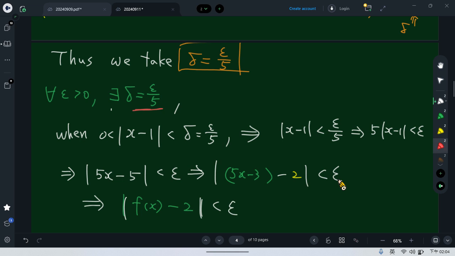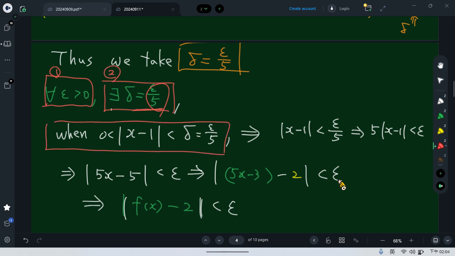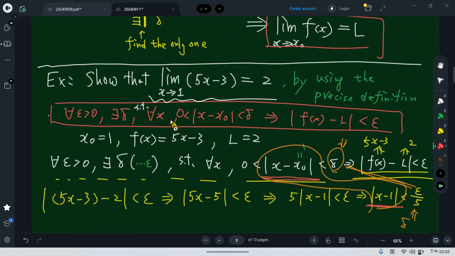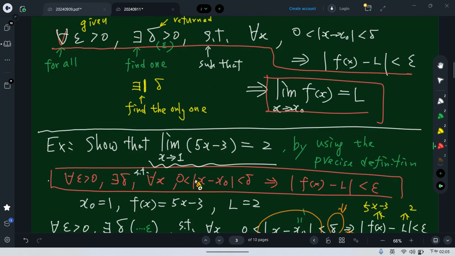So finally, this is the first step: I always can find a delta. This time I know what delta is, and especially what relationship between delta and epsilon we can have. Second one, then this is the third one, then finally we get this one. So you can see this fourth step can totally match the requirement for the precise definition.